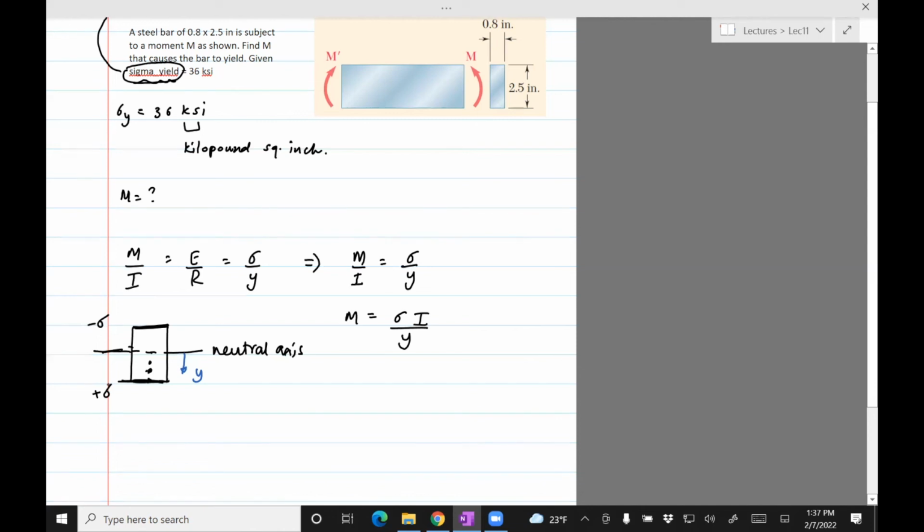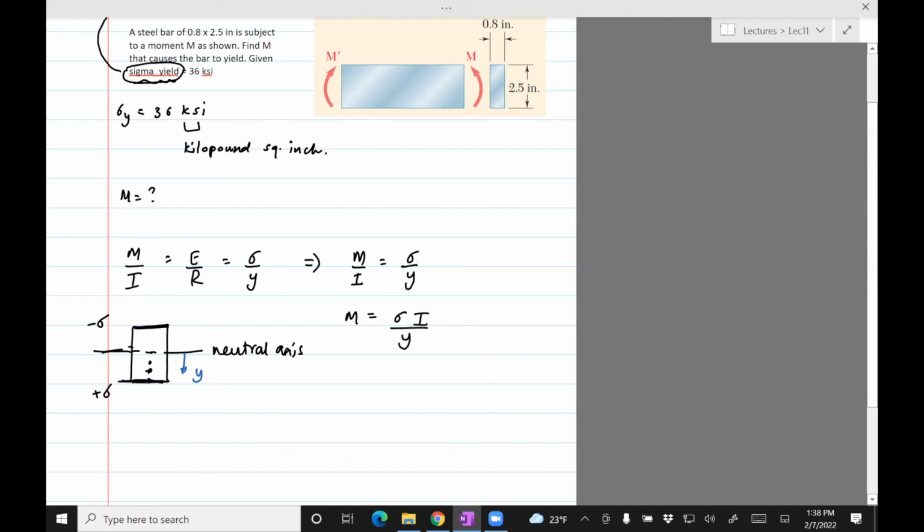These materials either have the same yield strength in tension and compression. If they have the same yield strength in tension and compression, either of those two will fail at the same time. Most times the strength in tension is less than the strength in compression, in which case the bottom half will fail first.